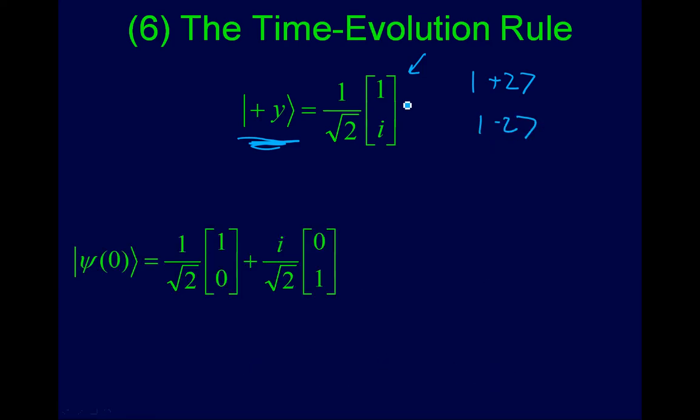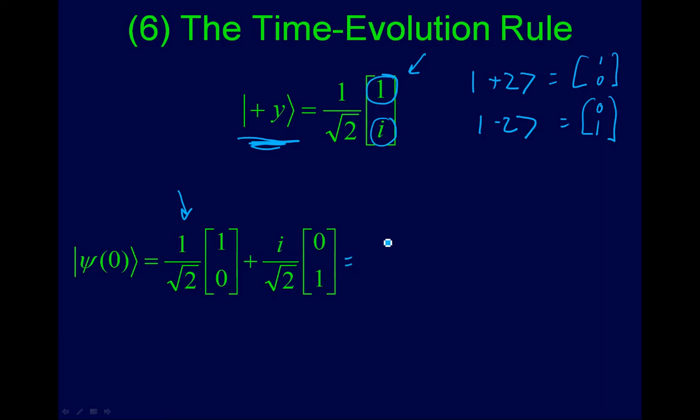Now, whenever your eigenvalues are the positive z and the negative z, it's pretty fast to take this and expand it out. Basically, you can write it out just like this. We know that our positive z vector is (1, 0) and our negative z vector is (0, 1). So my factor times that 1 is 1 over radical 2, (1, 0), and then this other factor over here would be i over radical 2.